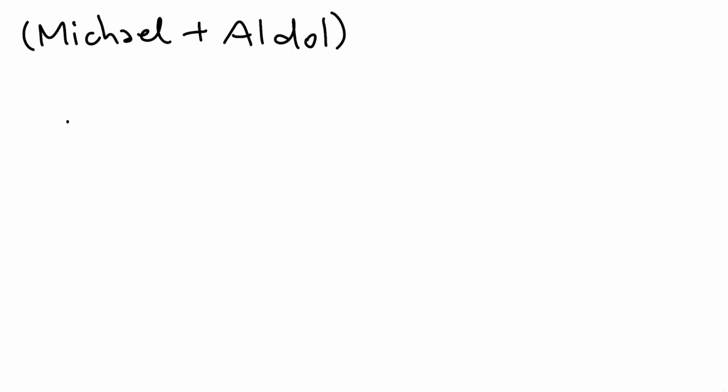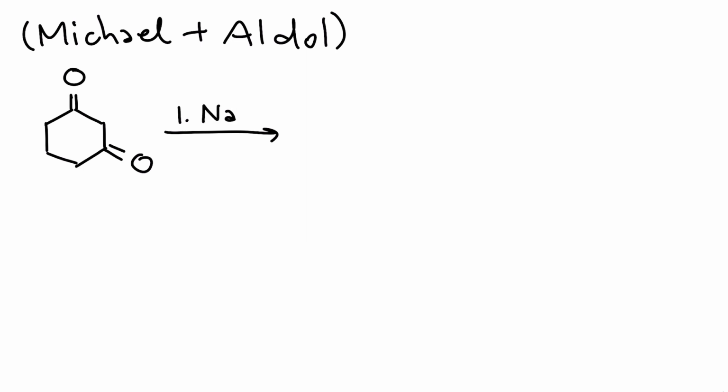So let's say I have a diketone right here. This is a very common example, so I'm going to use it. Let's say I have this one right here. First, I treat it with LDA. No, it's too bulky. Let's try something else. Let's try sodium ethoxide.